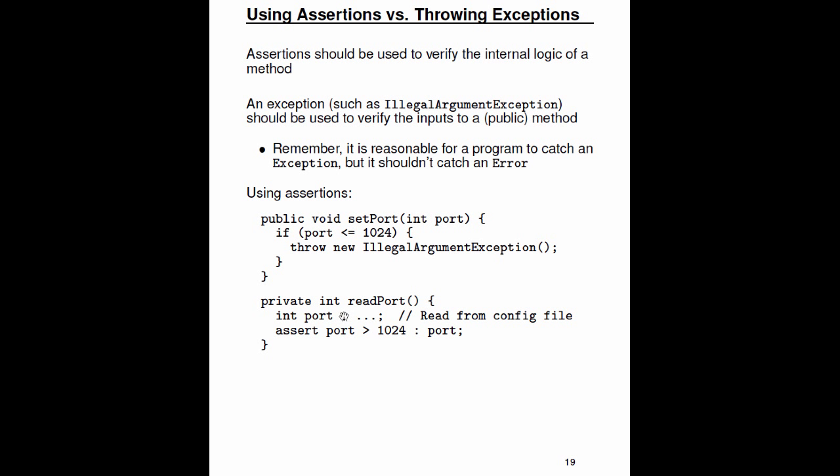This is an assertion because it's a private method, and because we're making an assumption that by the time we've actually read the contents of the file and found the port in it, this is code that's all under our control. The configuration file, or maybe a database is a better example. Here again, all under the control of the program. So we're going to make a very strong statement. We're going to assume, we assert that the value is greater than 1024.